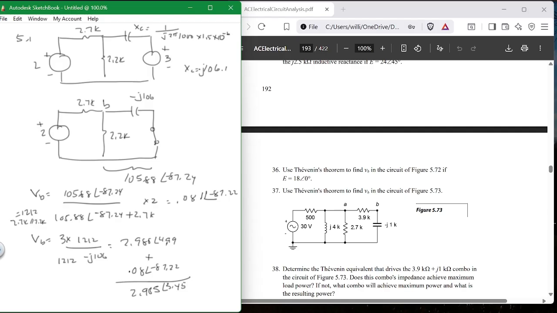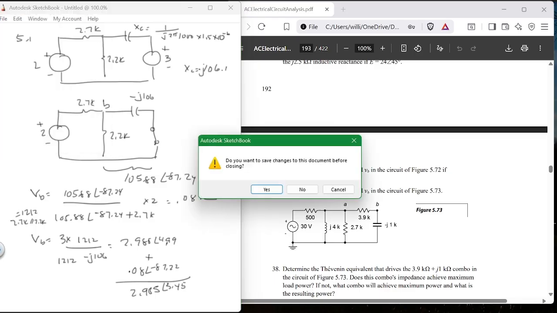So it probably is the best way to find VB anyway. It says use Thevenin, but you know something? Whether you say use Thevenin or find, the best way to find VB is to Thevenize a circuit. If it's only the thing at the far right, it's the best way by far, okay? If you only care about what is the output, the last thing on the right, Thevenize it. And that's a general rule.